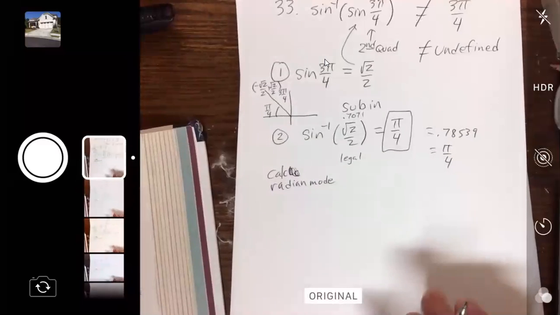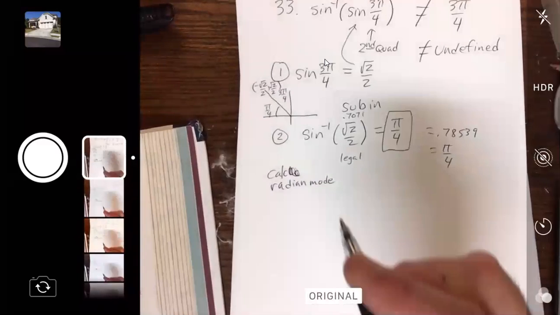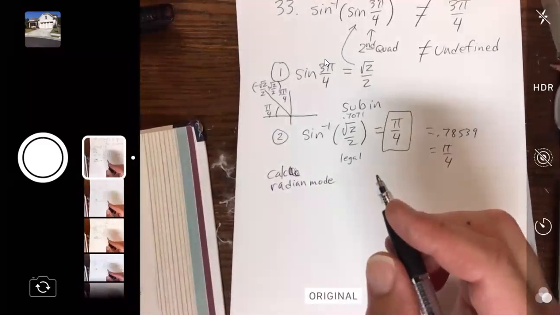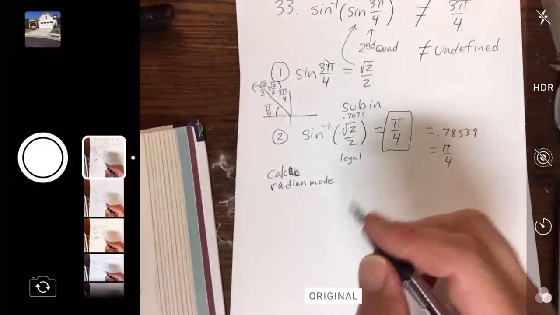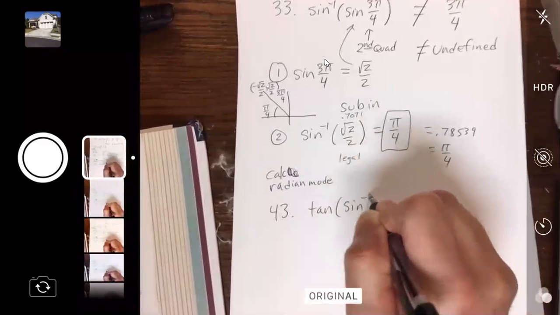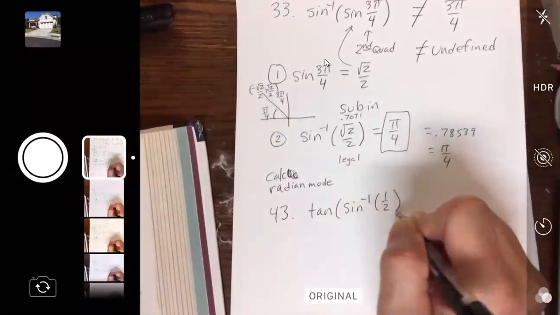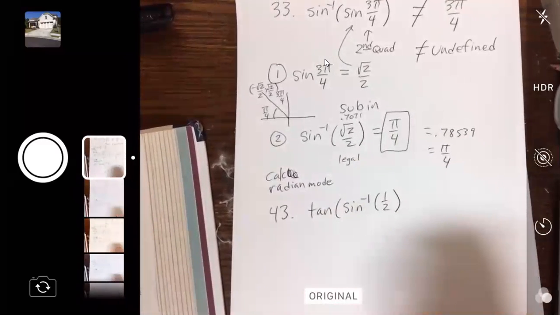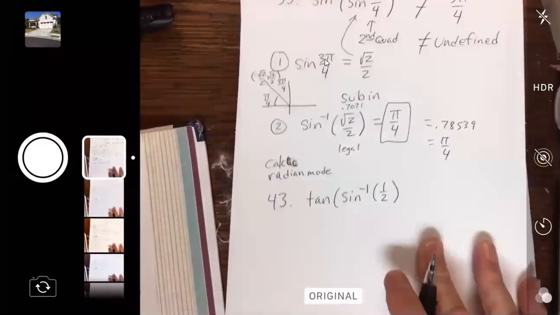Okay. What happens if you switch things up, like number 43? Tangent of an arcsine of a half. I would work it this way.